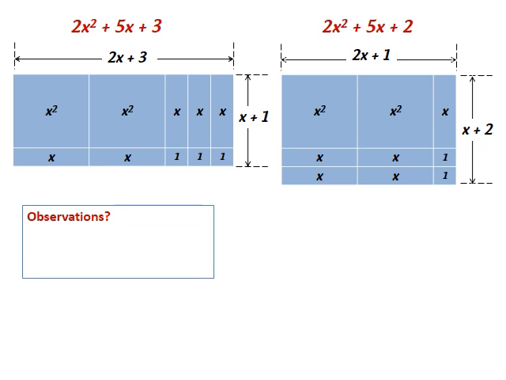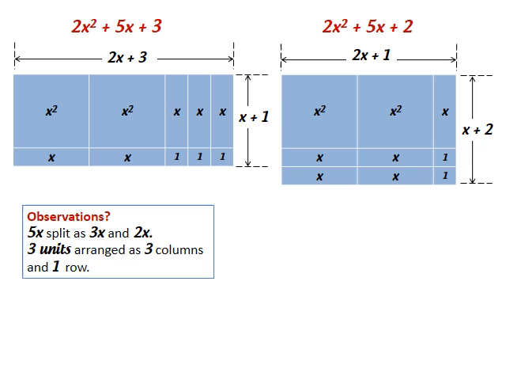If you see, the 5x has been split as 3x and 2x. And what about the constant term 3? The 3 units have been arranged as 3 columns and 1 row.